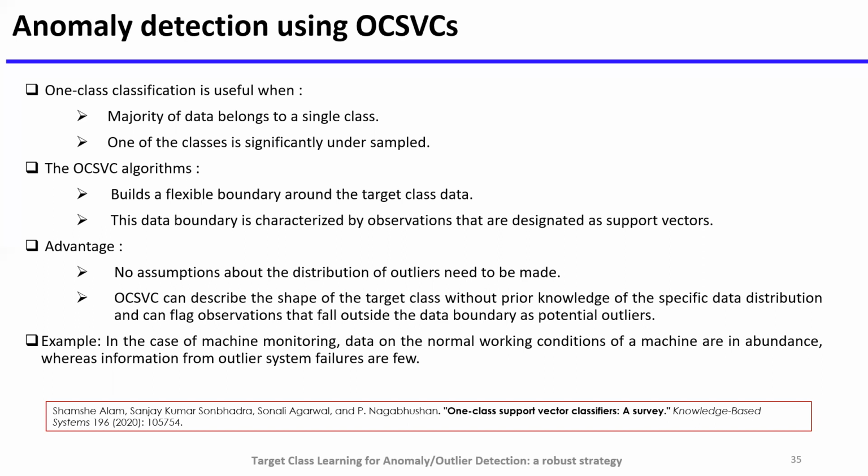These data boundaries are characterized by observations that are designated as support vectors. So surely these boundary points deciding the boundary of the target class are known as support vectors.